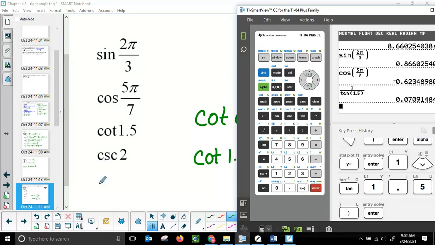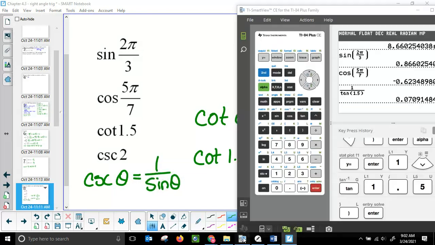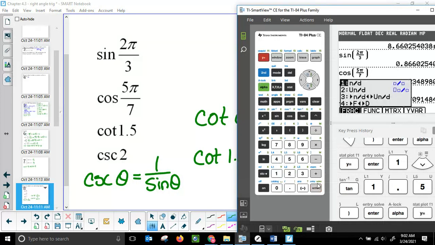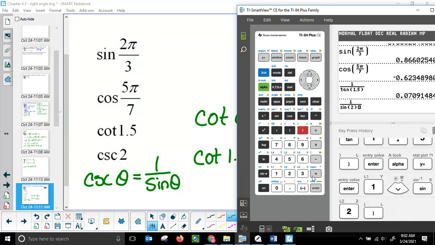Similarly here, we know that cosecant of theta is equal to 1 over sine of theta. So if we want to do cosecant of 2, we simply say 1 over sine of 2.